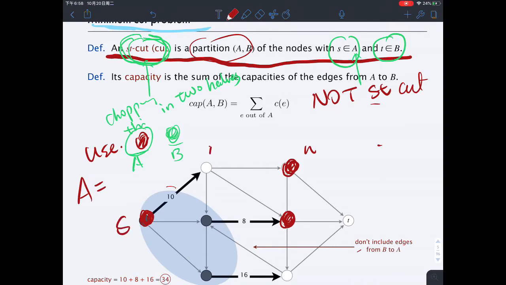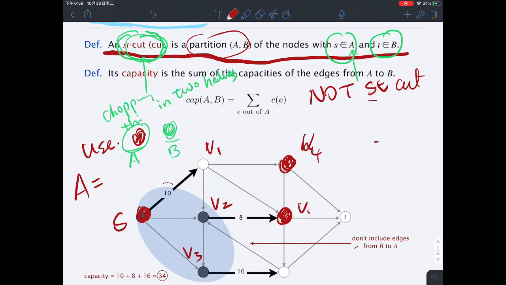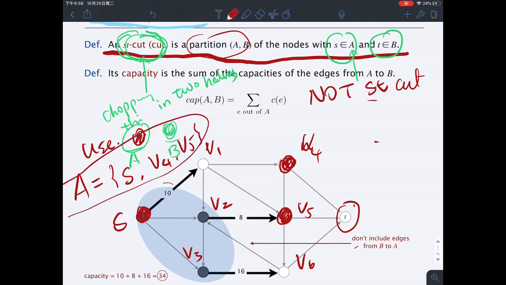Let's say S is here, and let's call the other nodes V1, V2, V3, V4, V5, V6, and T. We can let A be S, V4, V5, which corresponds to all these three red nodes.